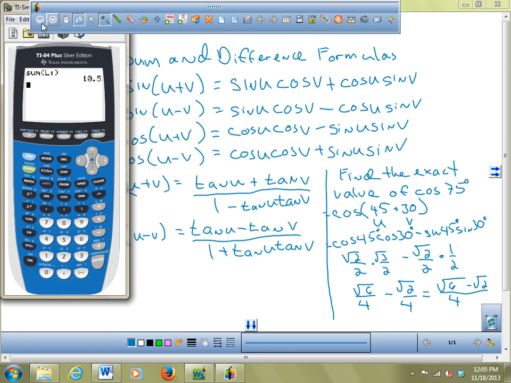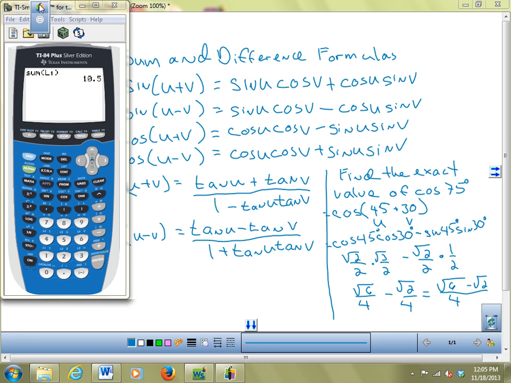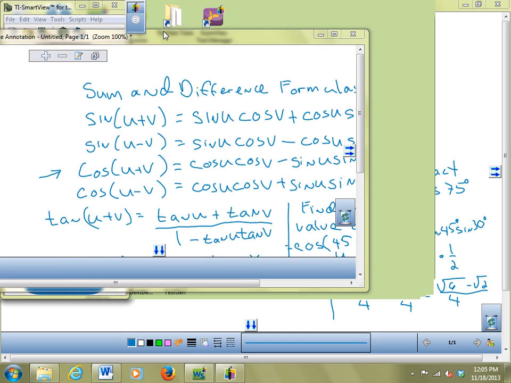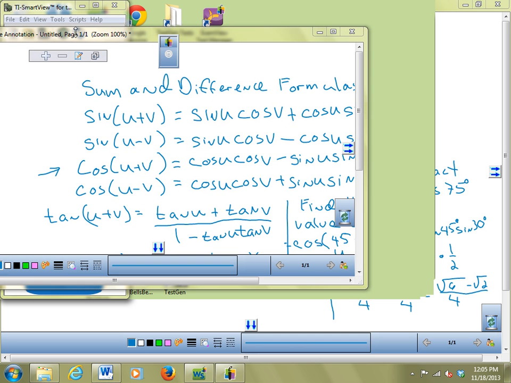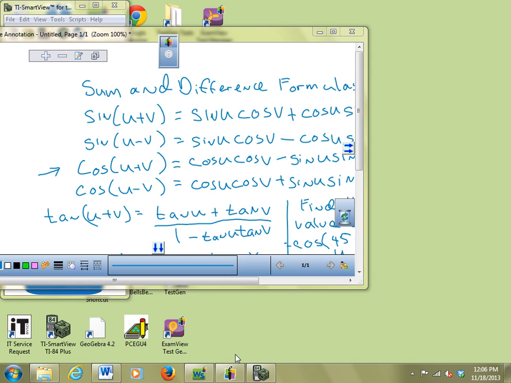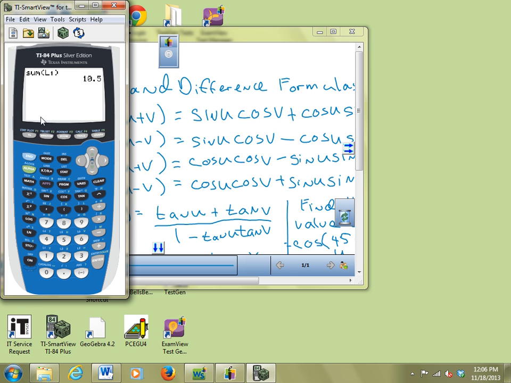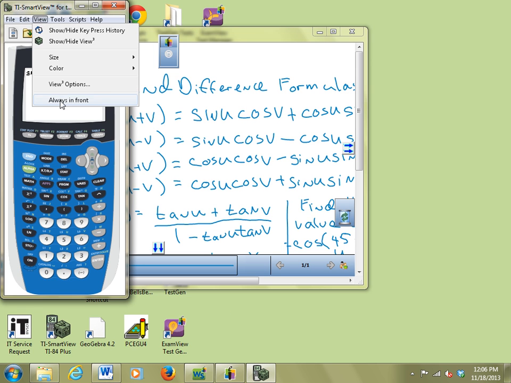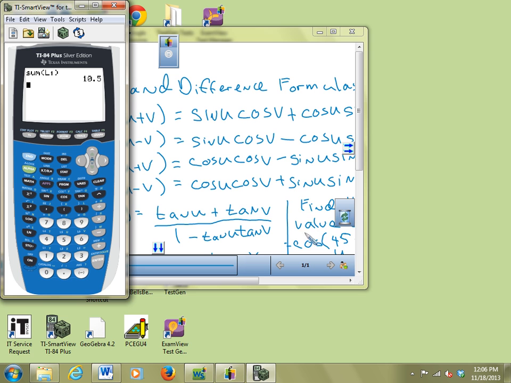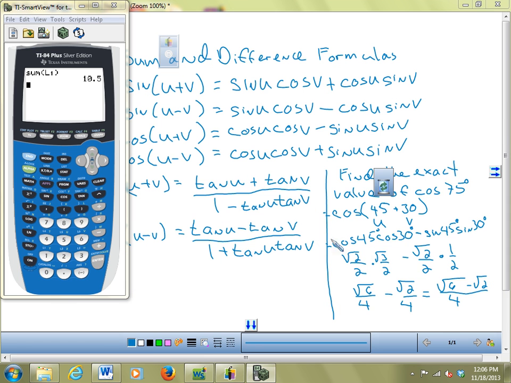I just want to show you that this is true. If I go second square root of 6, and you can't add square roots, so this is not equal to the square root of 4 over 4, right?